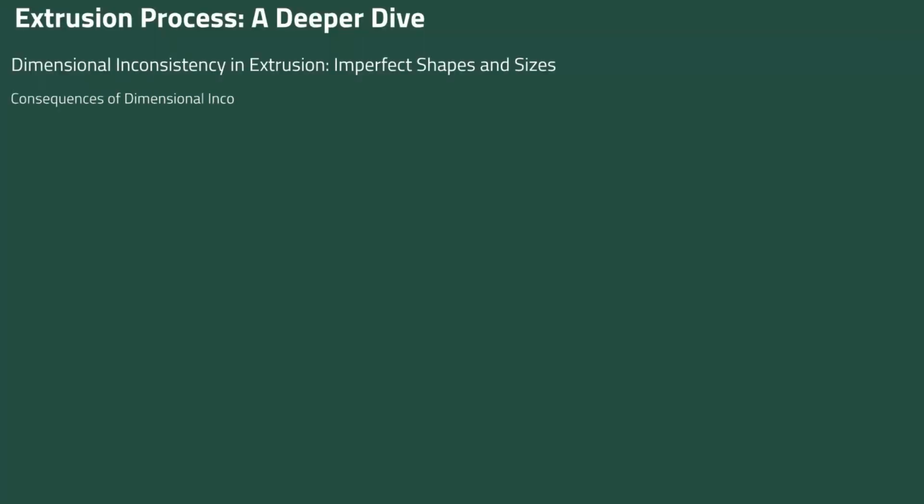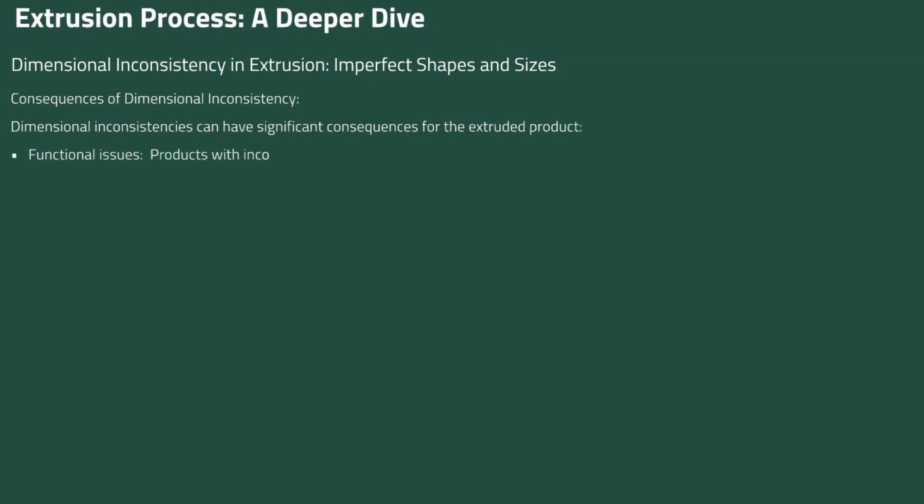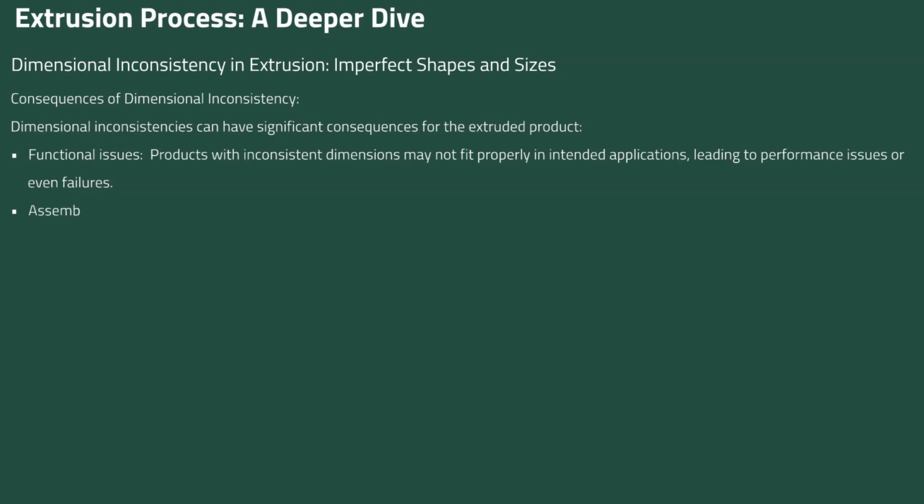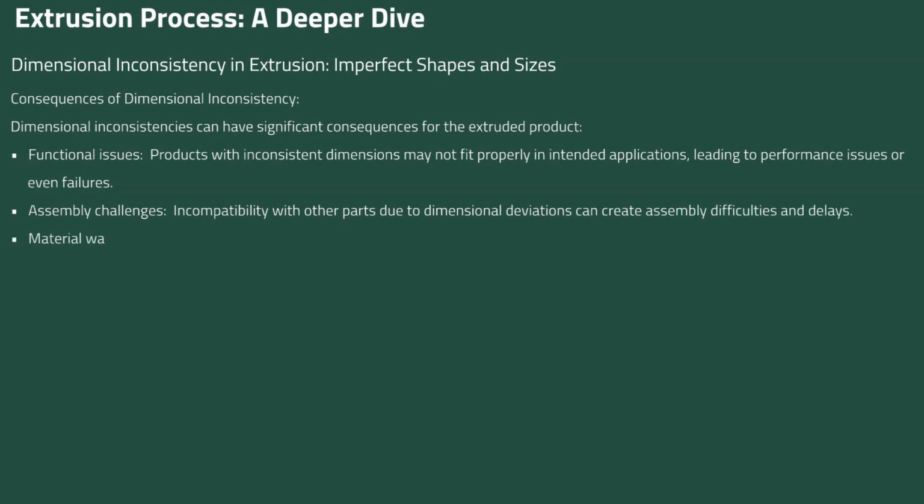Consequences of dimensional inconsistency. Dimensional inconsistencies can have significant consequences for the extruded product. Functional issues: products with inconsistent dimensions may not fit properly in intended applications, leading to performance issues or even failures. Assembly challenges: incompatibility with other parts due to dimensional deviations can create assembly difficulties and delays.